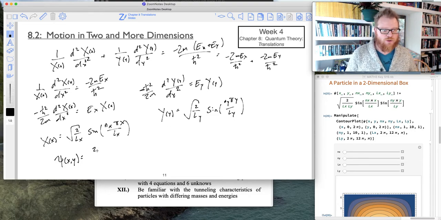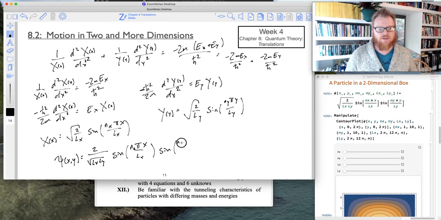The root 2s combine, and then you just have 2 over the square root of Lx Ly, and then there's the sine of nx pi x all over Lx, also times another sine, but this time it's ny pi y over Ly.